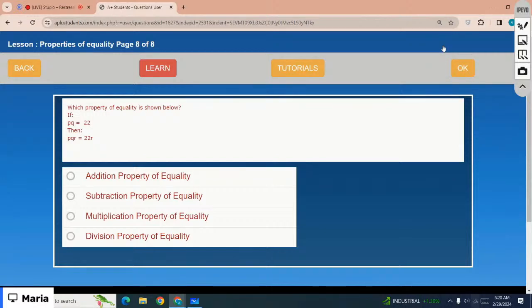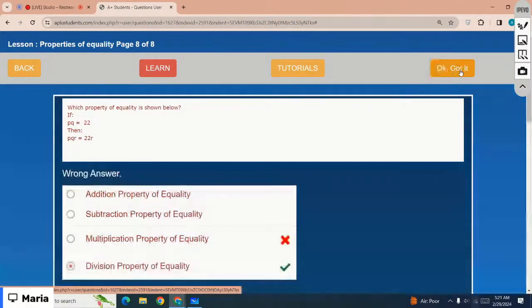Okay, property of equality is shown below. That is the multiplication property of equality, right?